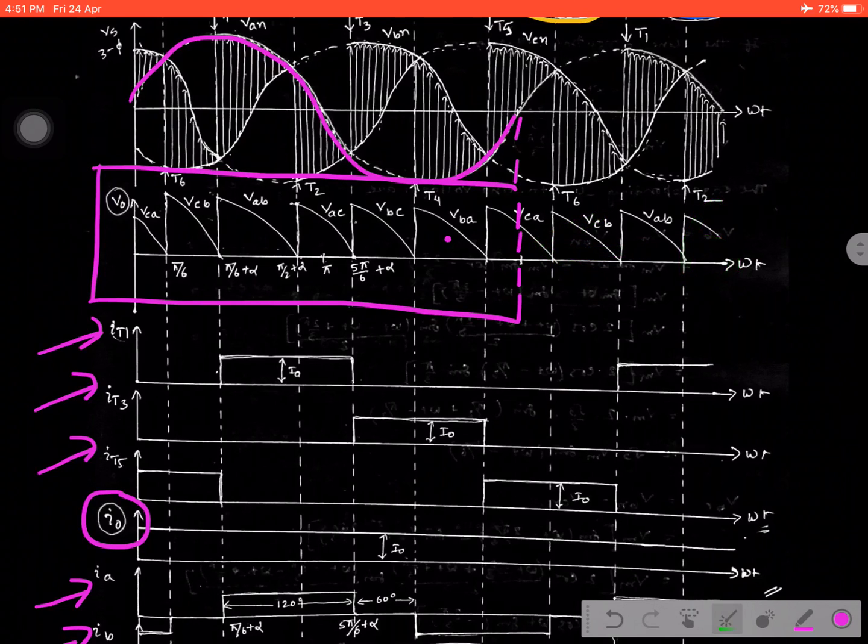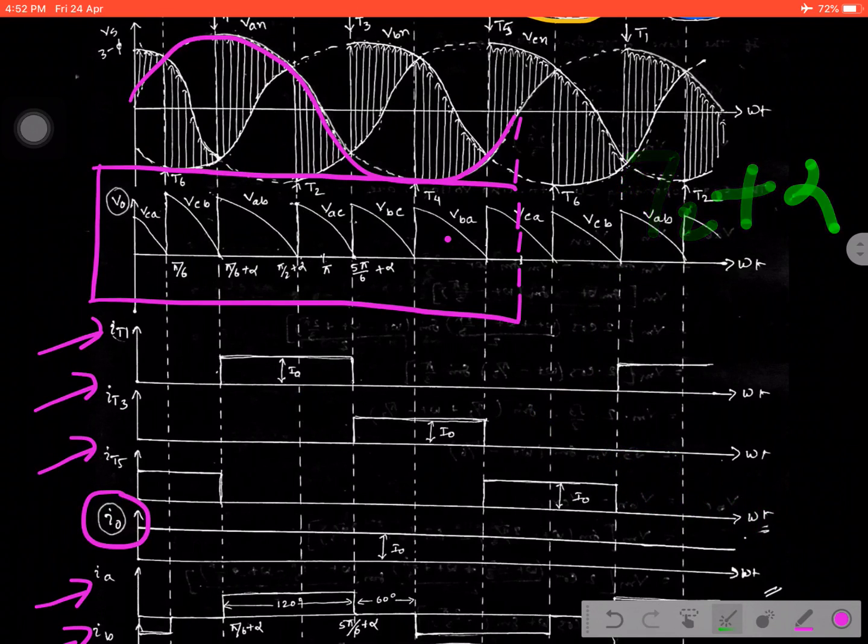That is the first clue. Next, consider this is the output voltage for the application of the firing angle across T1. This output voltage is confined between pi by 6 plus alpha to pi by 2 plus alpha. In a complete cycle the number of peaks is 6, and it is confined in the region of pi by 6 plus alpha to pi by 2 plus alpha.